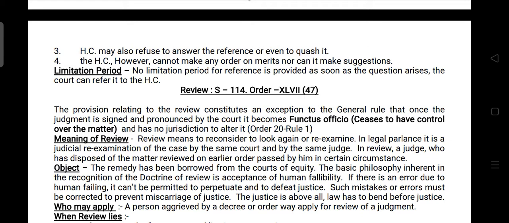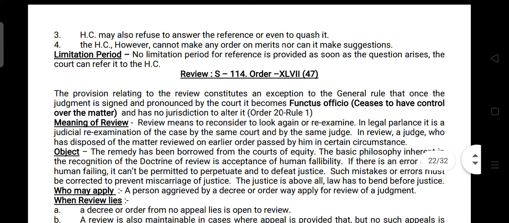So once a judgment is signed and pronounced, the court cannot alter or change anything in the judgment, because of the principle of functus officio, as provided under Order 20 Rule 1 of the Civil Procedure Code.